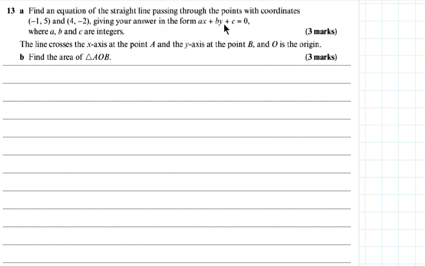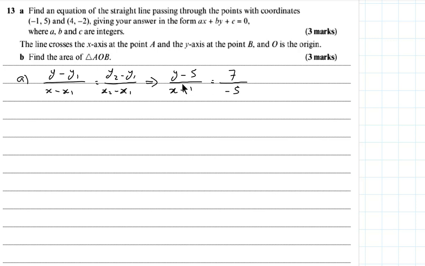13a, find an equation of the straight line passing through the points with coordinates -1 and 5 and 4 and -2, giving your answer in the form ax plus by plus c equals 0. Very nice question. Applying this formula, we can write y minus 5 over x minus minus 1, to be x plus 1, is equal to 5 minus minus 2, to be 7, over -1 minus 4, to be minus 5.